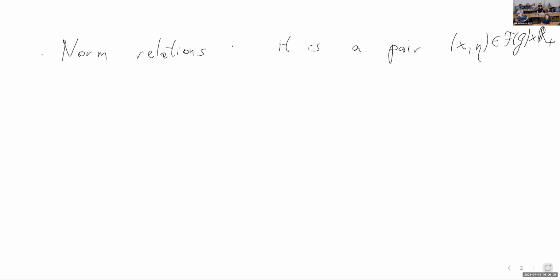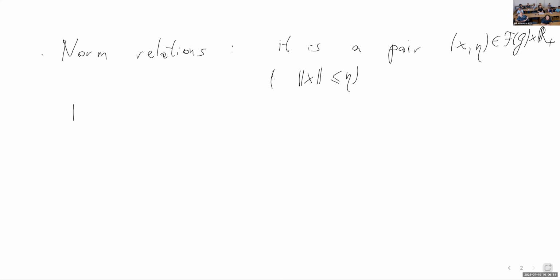So what does this mean? This means that we want the norm of the element x to be less than or equal to this number r. So this is what this pair represents. Usually we are more interested in relations where there's an equality.